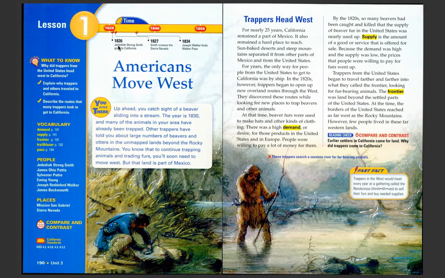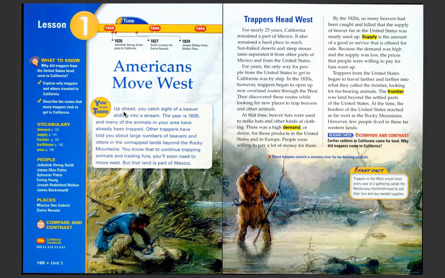So imagine you are there. Up ahead, you catch sight of a beaver sliding into a stream. The year is 1830, and many of the animals in your area have already been trapped. Other trappers have told you about large numbers of beavers and otters in the unmapped lands beyond the Rocky Mountains.